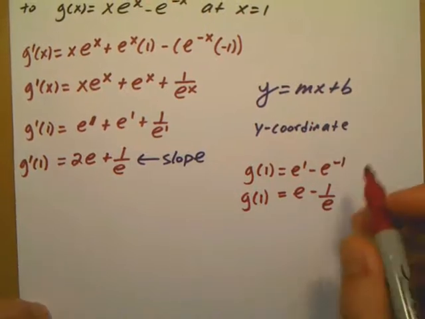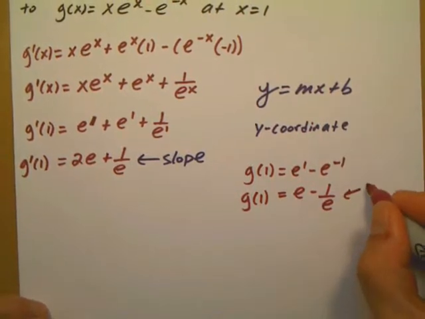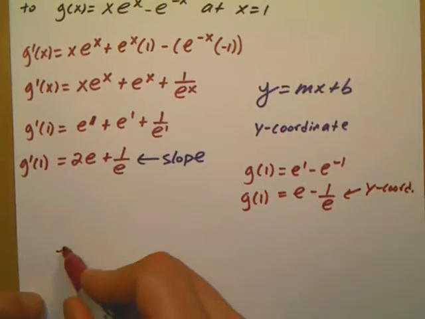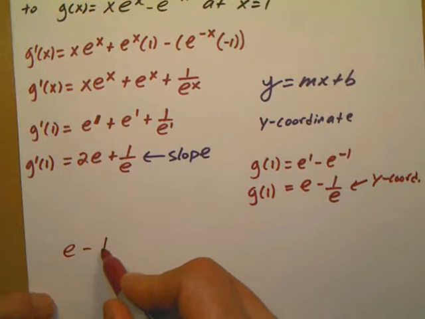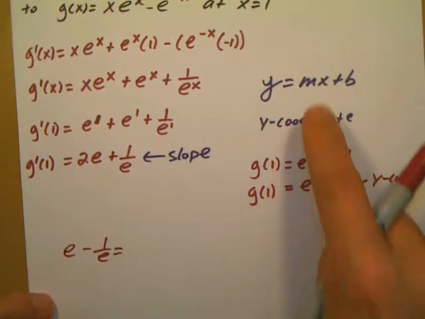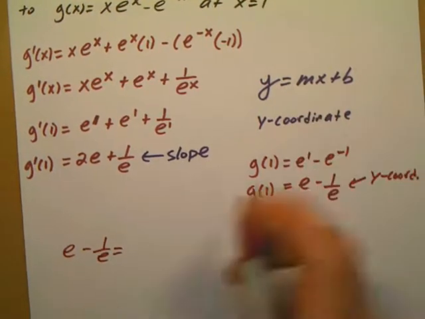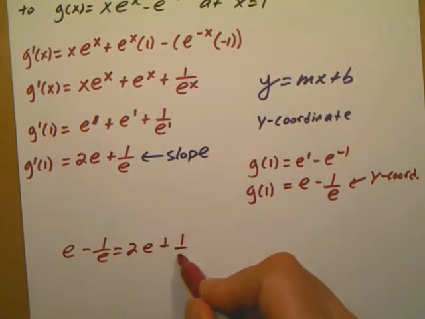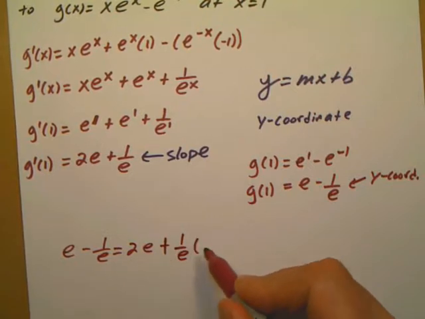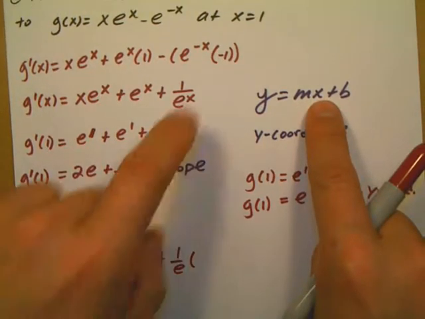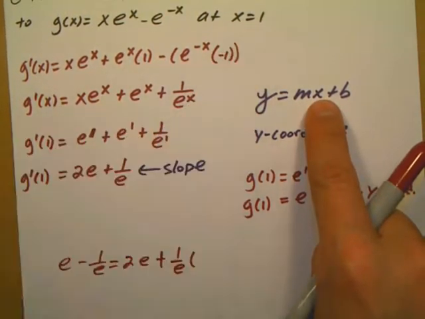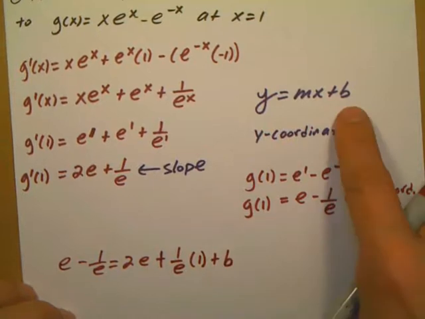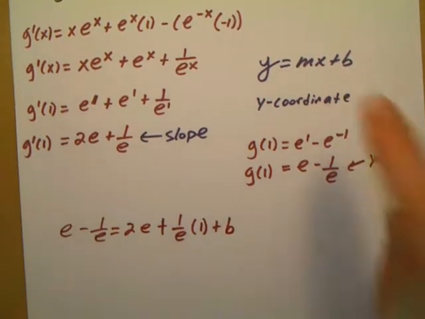So this is the y-coordinate, e minus 1 over e, equal to the slope, which I found as 2e plus 1 over e. I'm going to multiply that by the x-coordinate. Luckily, I'm multiplying it by 1, so it stays the same.